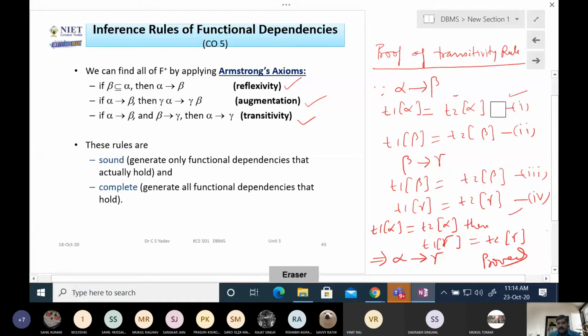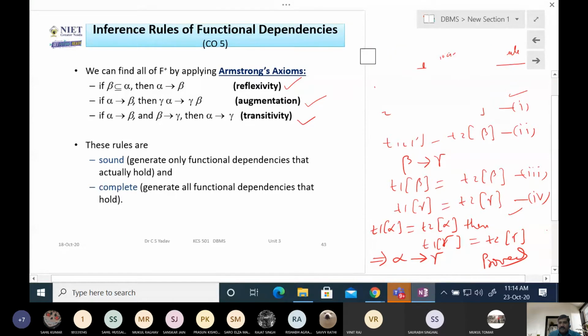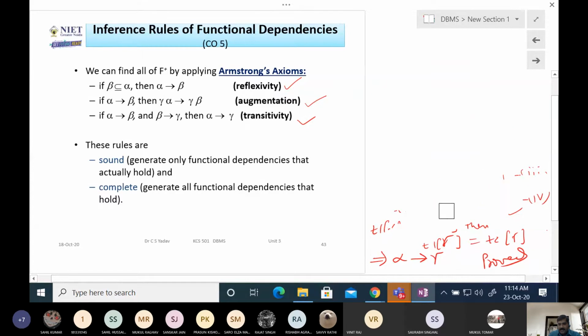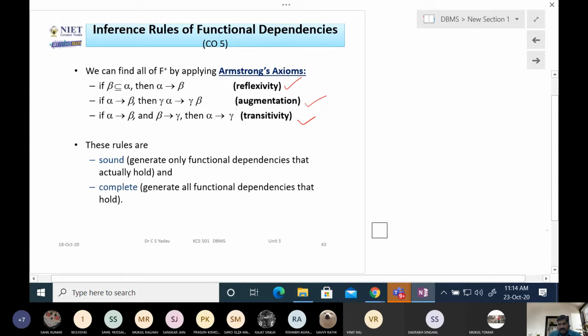So this is not a mathematical proof, but with the help of the definition of functional dependency, we can explain the rules. Now, the secondary rules. These rules are sufficient, sound and complete.